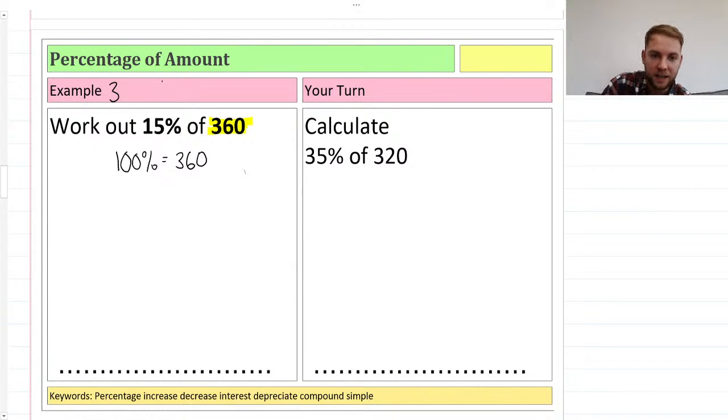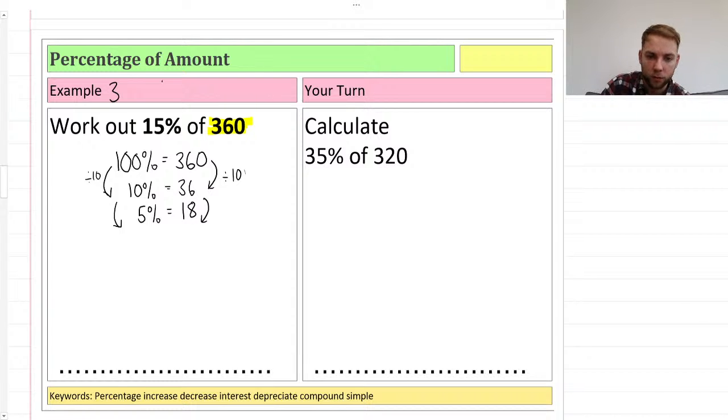If I find 10% first, this one here is going to be divided by 10. So 10% is equal to 36, dividing both sides by 10. 5% is actually half of this, isn't it? Half of 10. So 5% is going to be 36 divided by 2, which is 18.